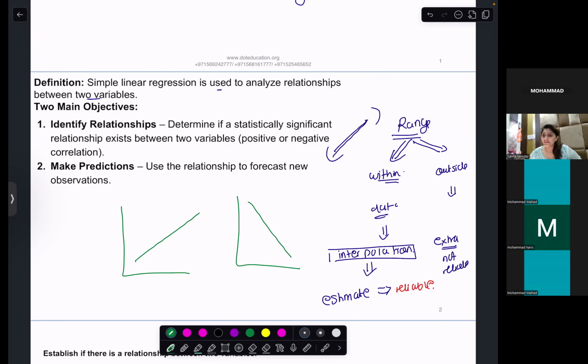I can identify the relationship. If it is going up, it's a positive relationship. If it is going down, it is a negative relationship. If it is going up, that means an increase in x would lead to an increase in y. If it is going down, that means an increase in x would lead to a decrease in y.